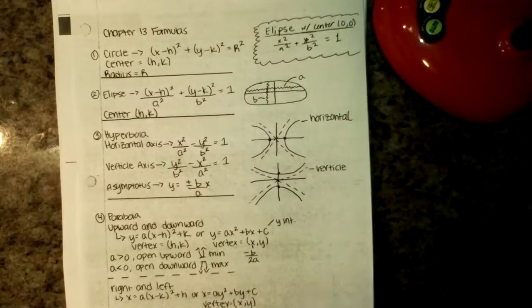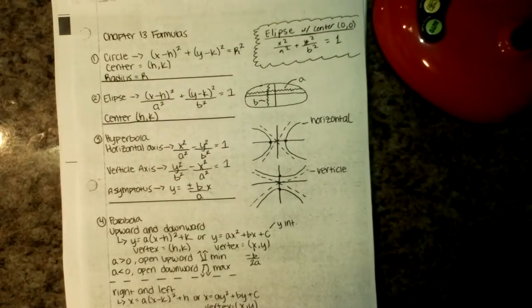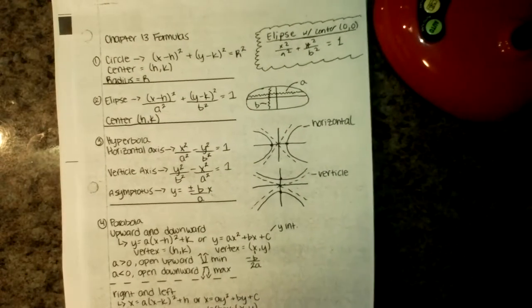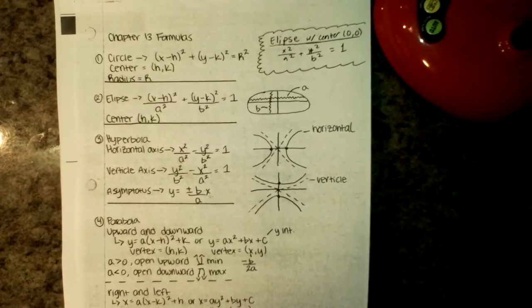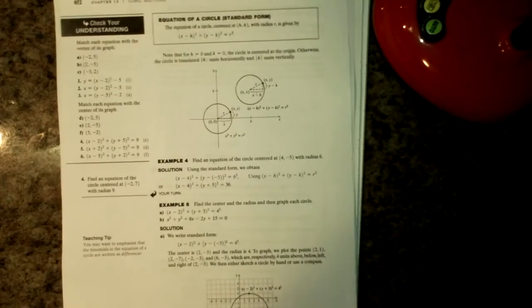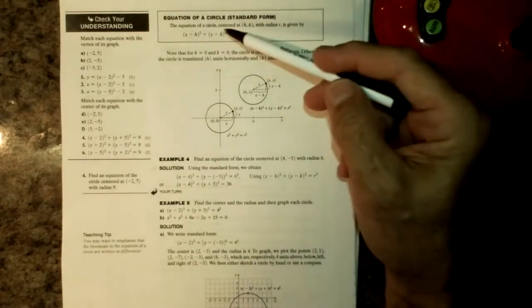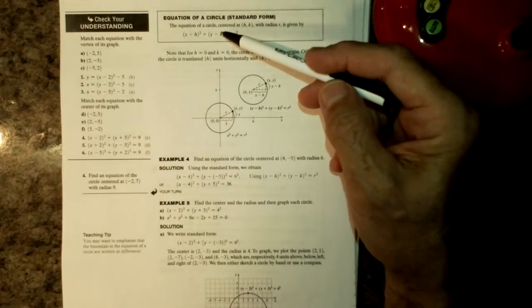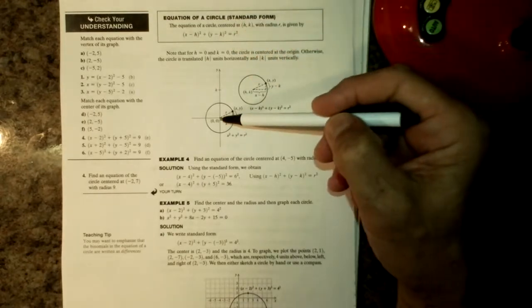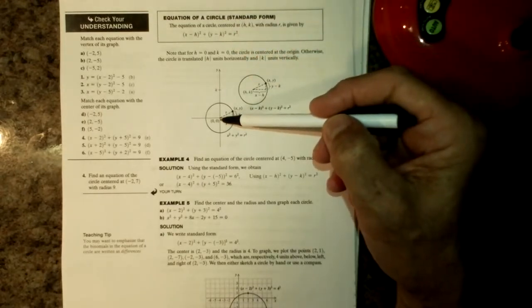And there are a few examples here for 13.1, which is graph of parabola and the circles. Like for the circle, in this equation, H and K are the coordinates of the center of the circle.